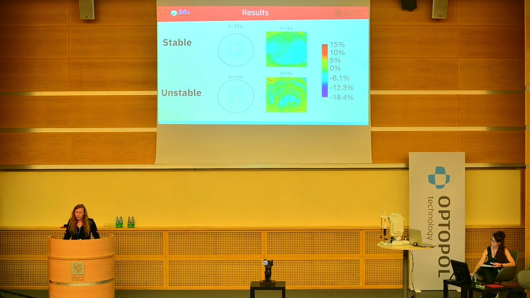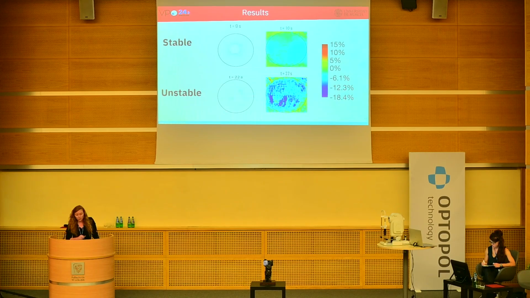To clarify these two behaviors in more detail, we've included an example of the two variations in time. Firstly, the stable case. There are barely any deformations in the edge detection images. This is paired with a small uniform relative temperature decrease of only up to 5.2% in this example.